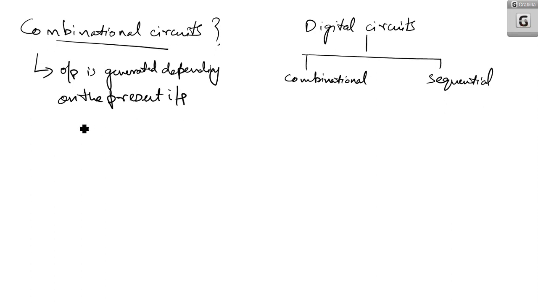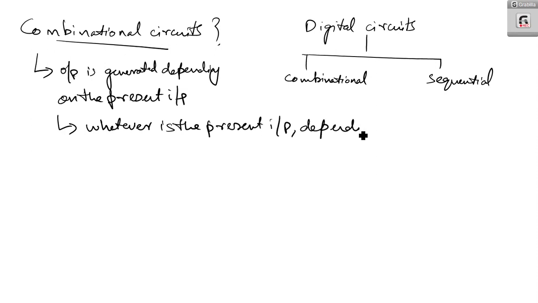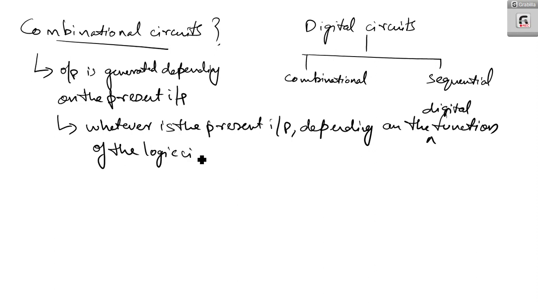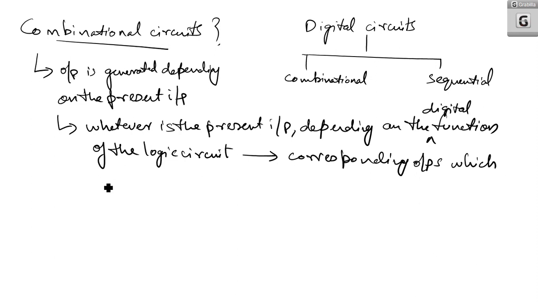Whatever the present input is, depending on the digital function of the logic circuit, the corresponding outputs, which are active high or low, are formed.